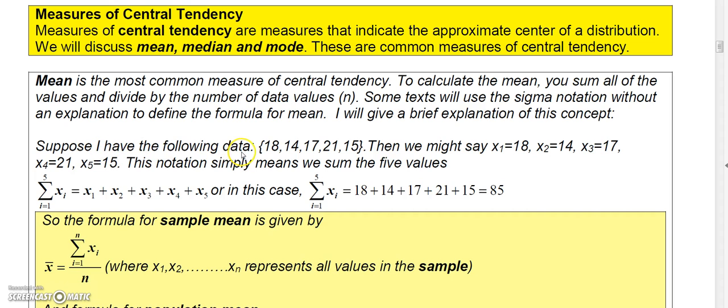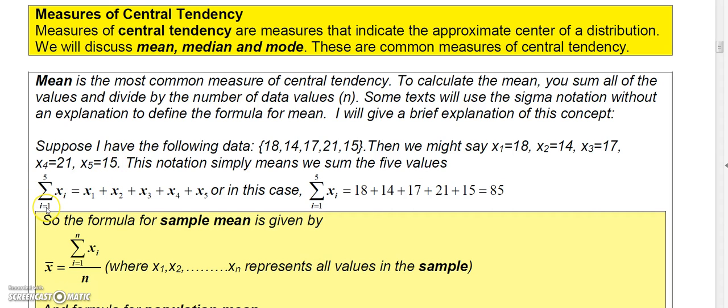Suppose I have the following data: 18, 14, 17, 21, and 15. Then we could say that x1 is 18, x2 is 14, x3 is 17, x4 is 21, x5 is 15.